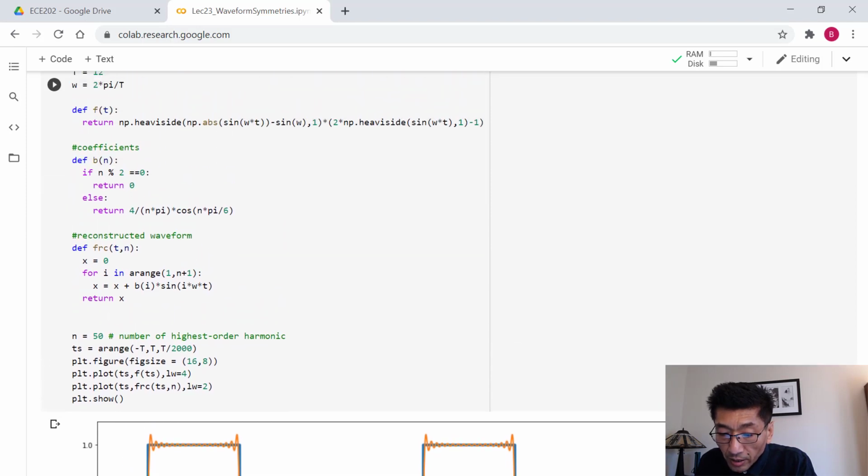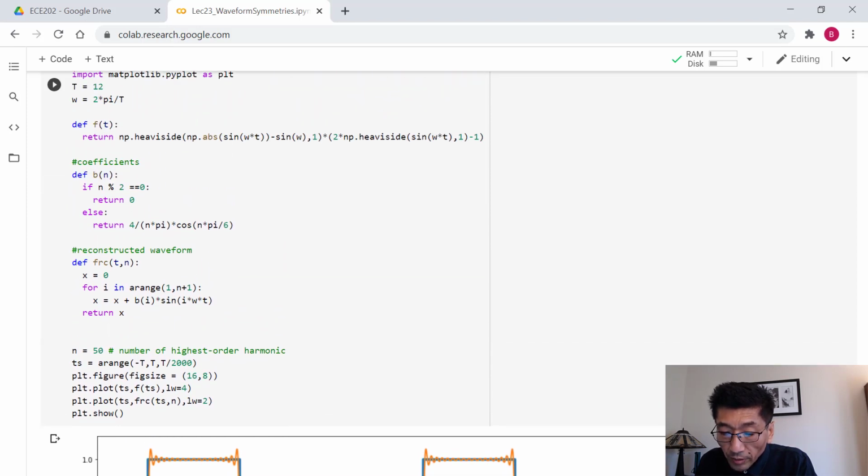And let's look at the Fourier coefficients. How I define this is that all the even harmonics for the b_n term are going to be 0. So if the modulus of n over 2 is 0, that means n is an even number, and I return 0. So all the b_n for the even terms are going to be 0, and for the odd terms, they are 4 over n pi times the cosine n pi over 6, right?